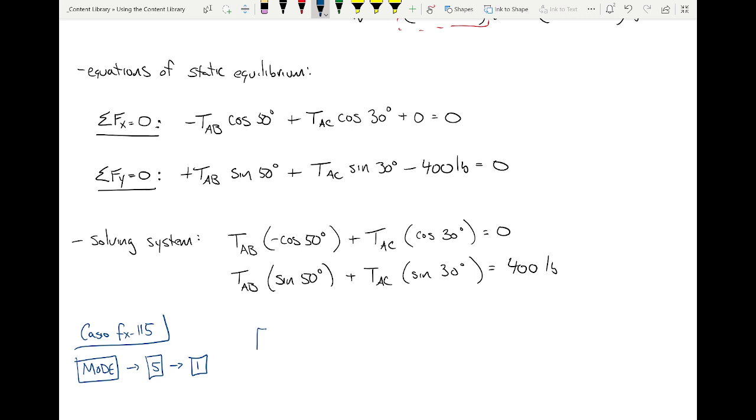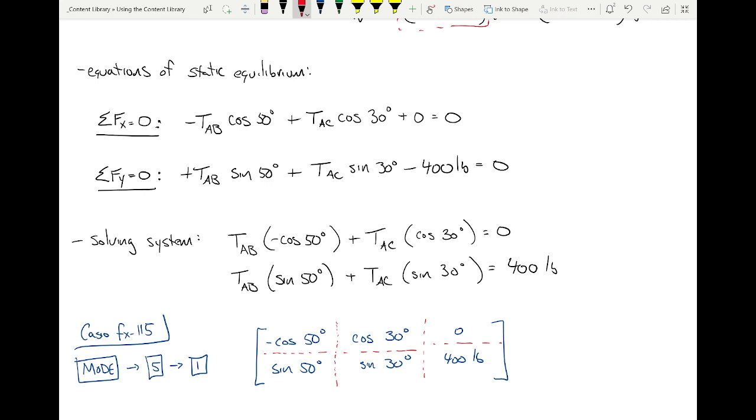So negative cosine 50 degrees, sine 50 degrees, zero and 400 pounds. So what I'll do is I'll sort of do that, do that, do that, do that.